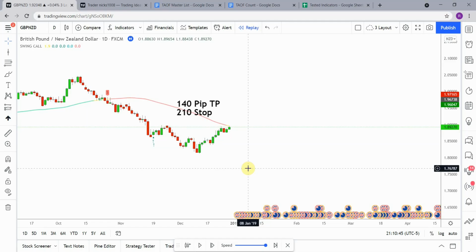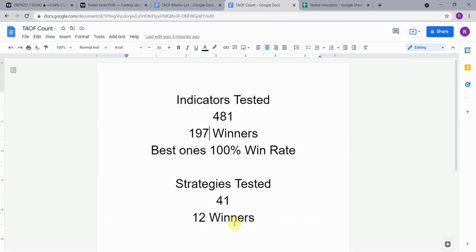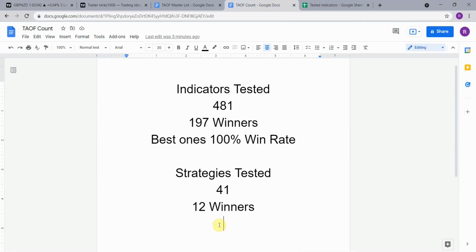Alright, as I said, today we will be testing the swing trade signals indicator. Before we do though, I wanted to put the testing scoreboard up for everyone to see. So to date, we have tested a total of 41 different strategies, with 12 of them being winners. We have also tested a total of 481 indicators, with 197 of them being winners.